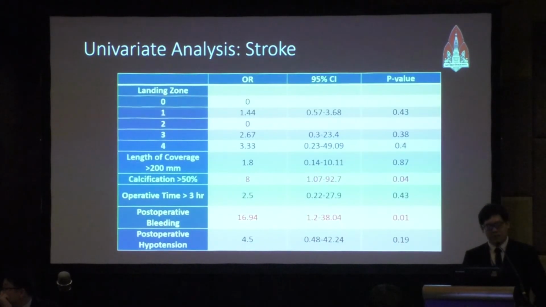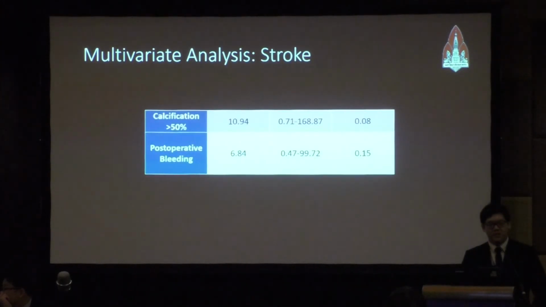Also, the landing zone was not associated with the risk of stroke, but we found that calcification and postoperative bleeding requiring reoperation may be associated with the risk of stroke. But after we performed the multivariate analysis, unfortunately, the result showed no statistically significant result. And for spinal cord ischemia, the rate is too low, so we cannot calculate the univariate analysis.